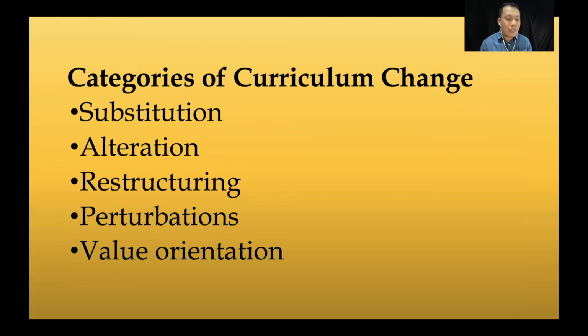Another is restructuring. Building a new structure would mean major change in the modification of the school system, degree program, or educational system. So using the in-school, off-school, or a blended curriculum is an example of restructuring.